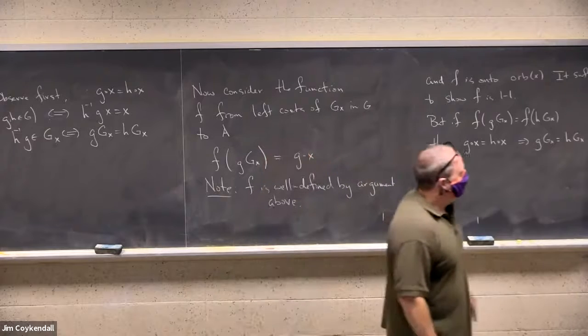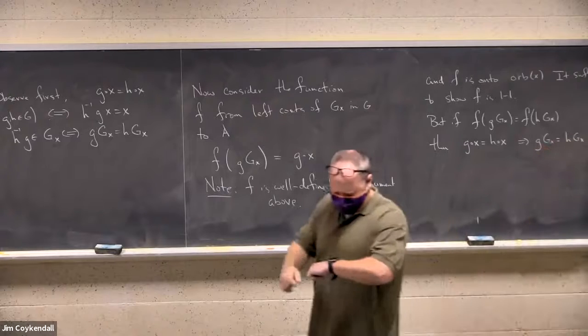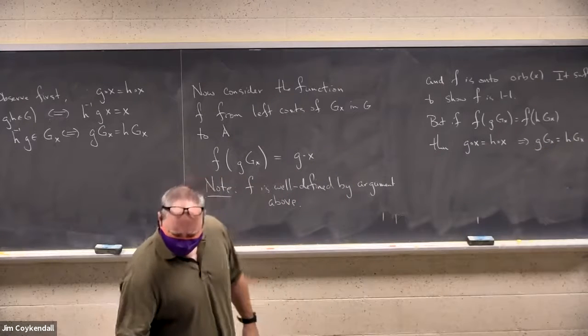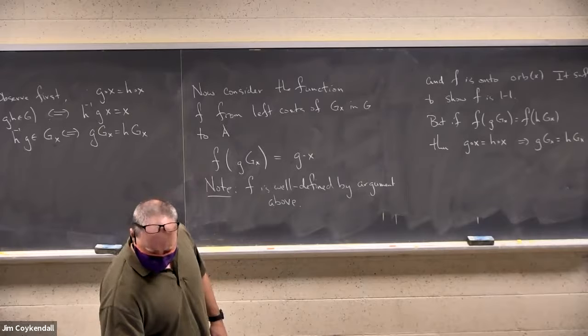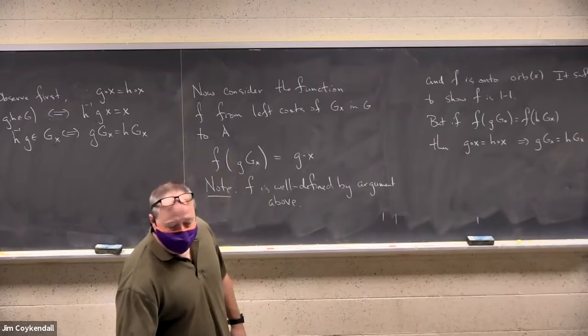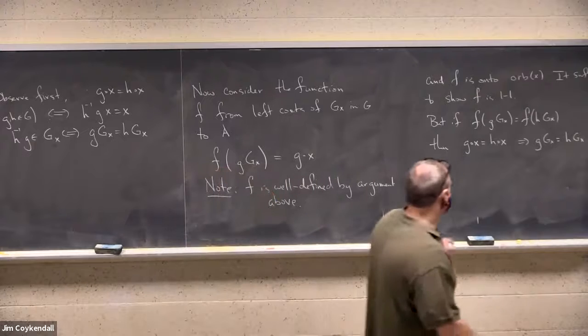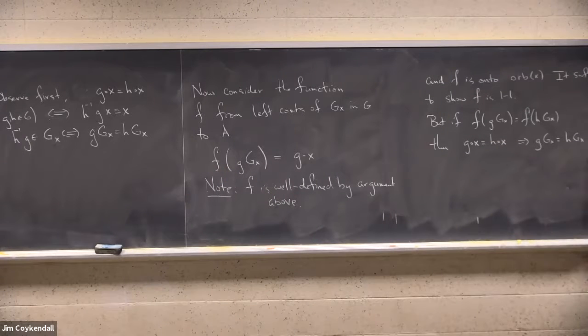So what we've done is we've constructed this f, a bijection between the elements of the orbit of x and these left cosets. Okay. Any questions? This is one of the coolest theorems, and we're going to have a recurring theme of using this over and over again. Let me just admire this one more time. There we go.